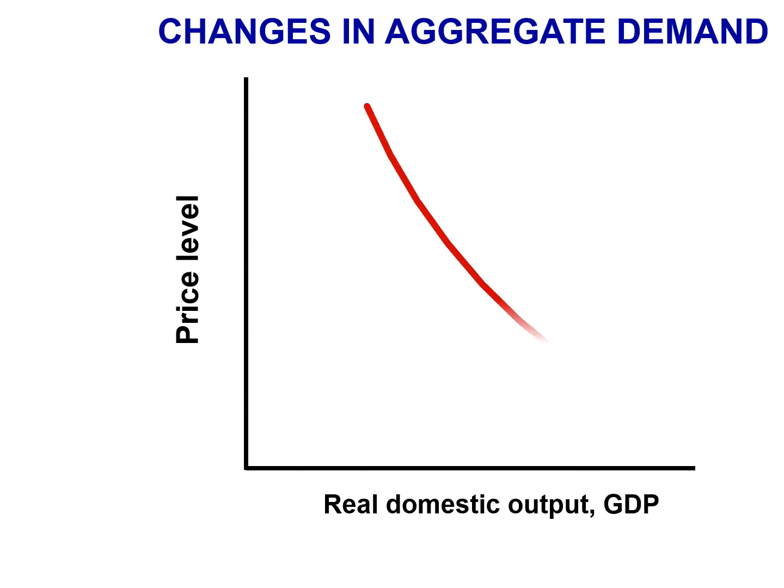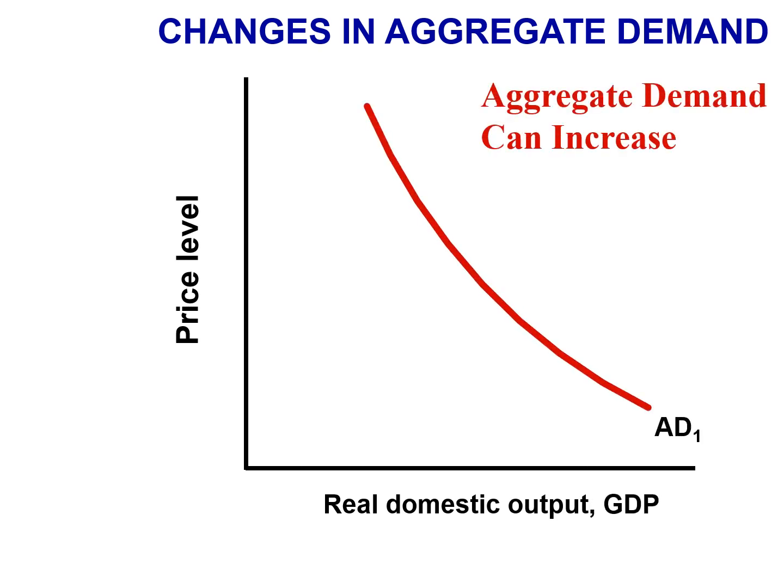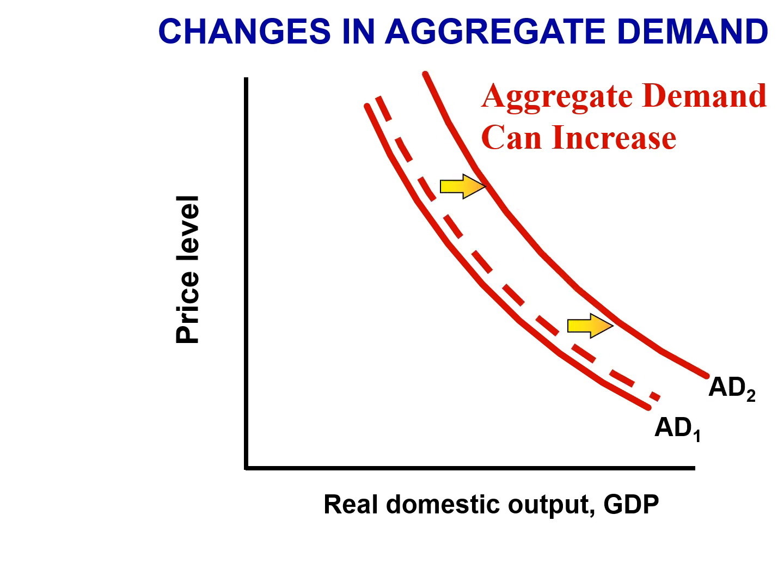Let's first look at an increase in aggregate demand. So assuming current aggregate demand is pictured by the red aggregate demand labeled AD1, and something happens in the economy which causes aggregate demand to increase, there would be an initial shift to the right to the dotted line, and then a multiplied effect which causes a cumulative shift from AD1 to AD2.